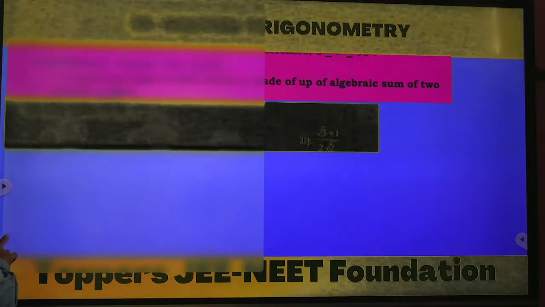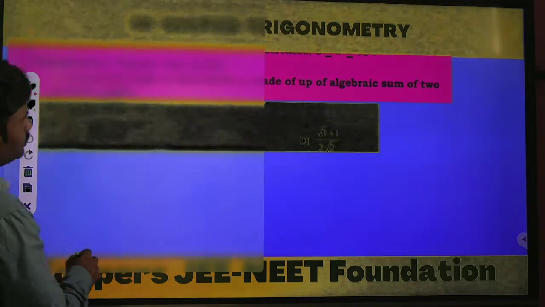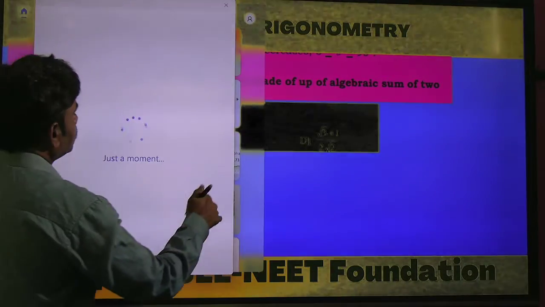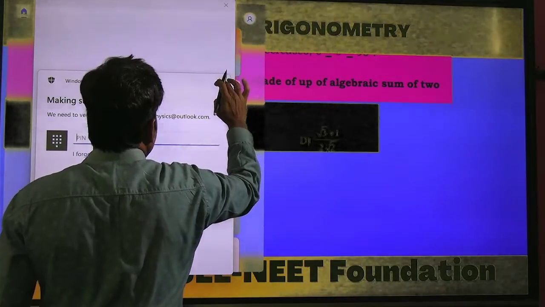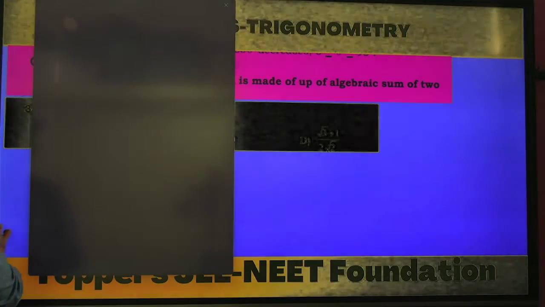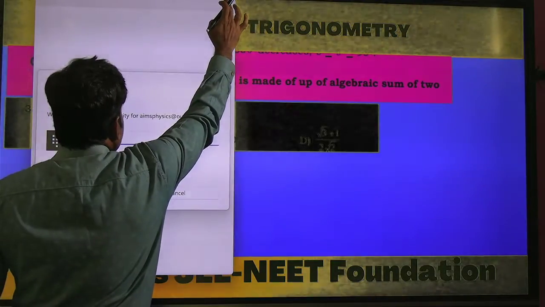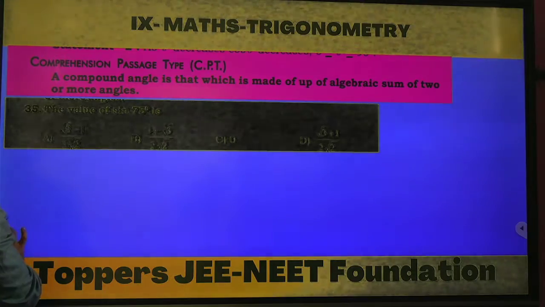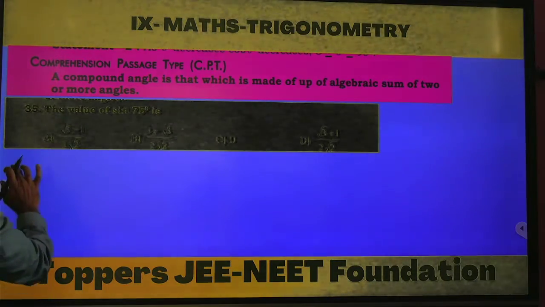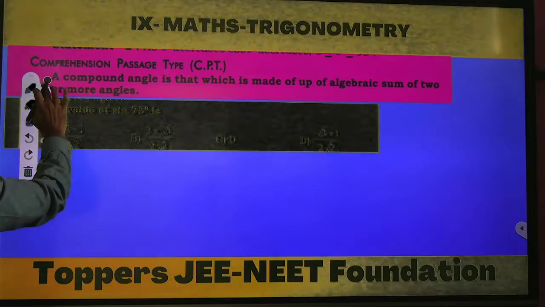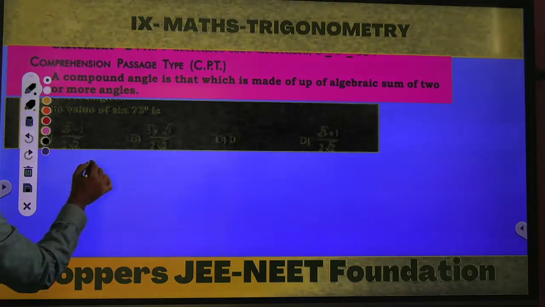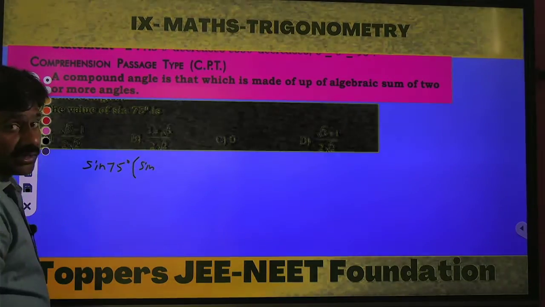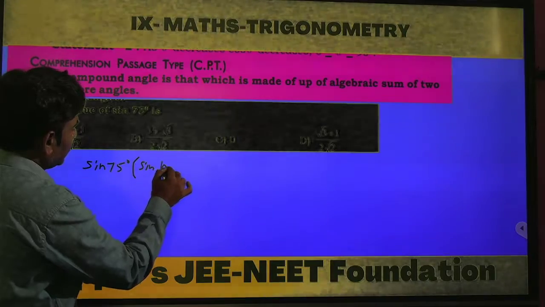75 degrees can be written as 45 degrees plus 30 degrees.